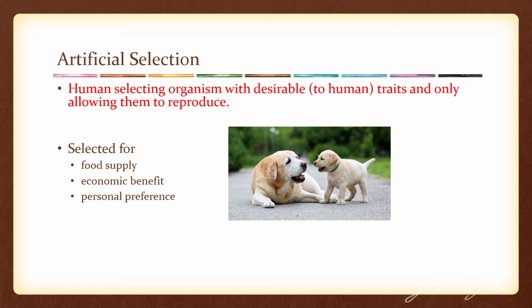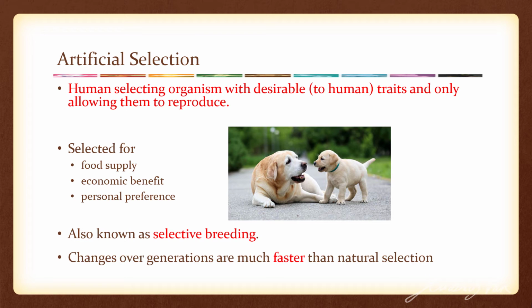So since so much selection is going on, another term for artificial selection is called selective breeding, because we select the organism with the traits which we want and allow them to interbreed. The changes over generation are much faster than natural selection, because it is a lot more guided in a way.